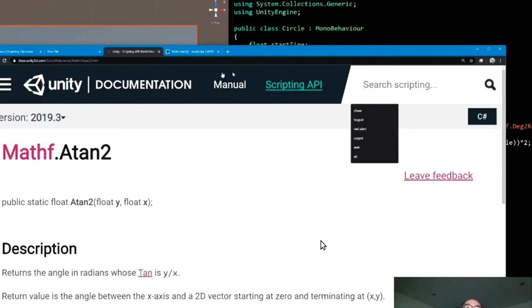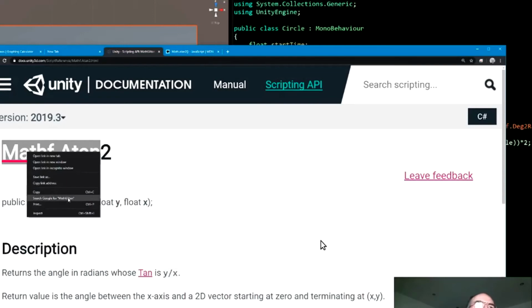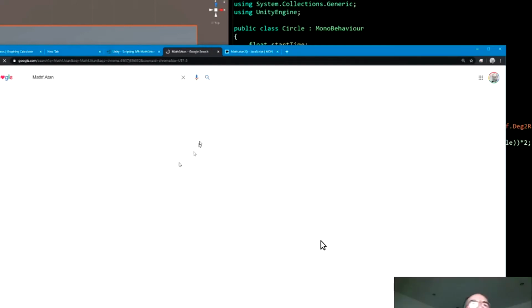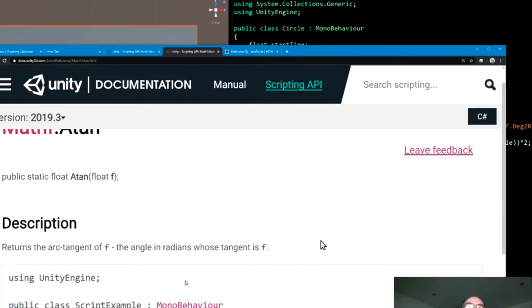There's ATAN2, which works for the whole circle, but the tan function only works part of the circle, and you can see that when you look at the tan function instead of ATAN2.